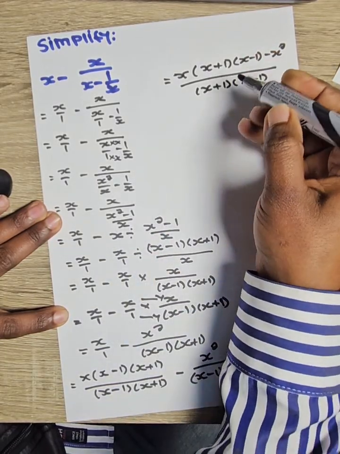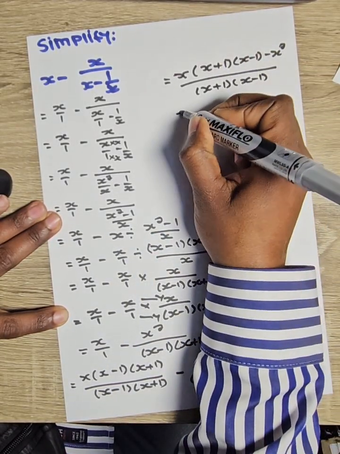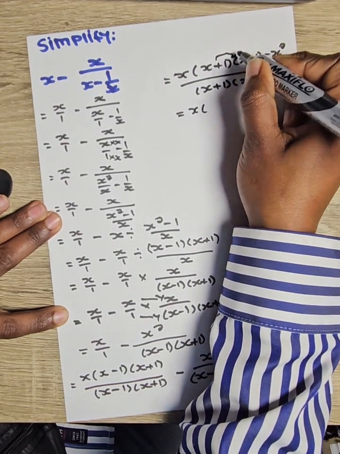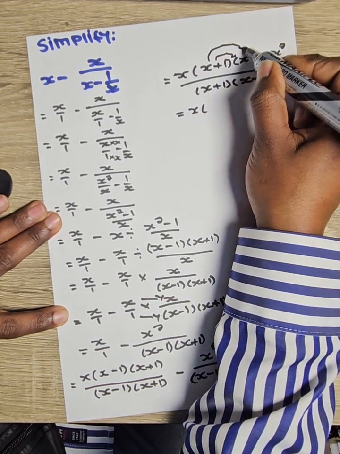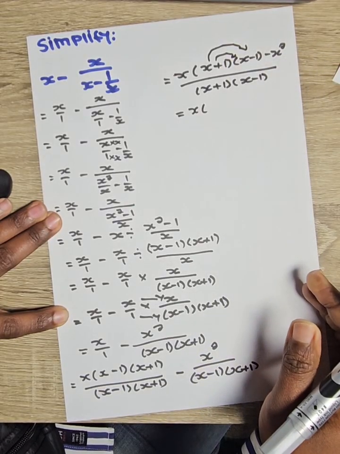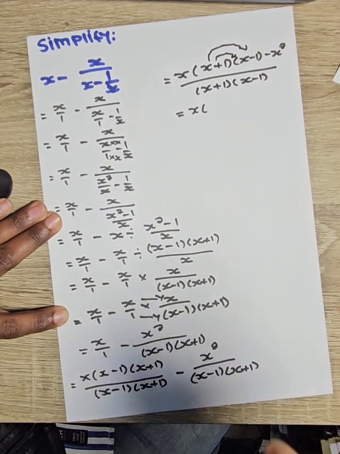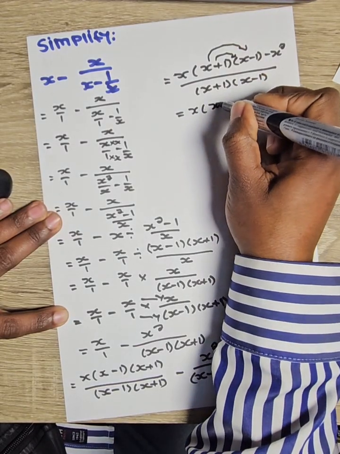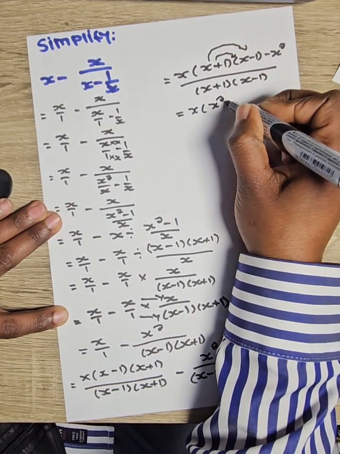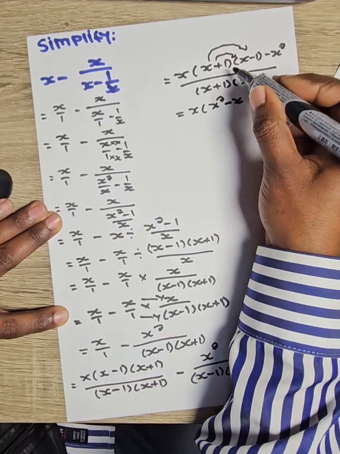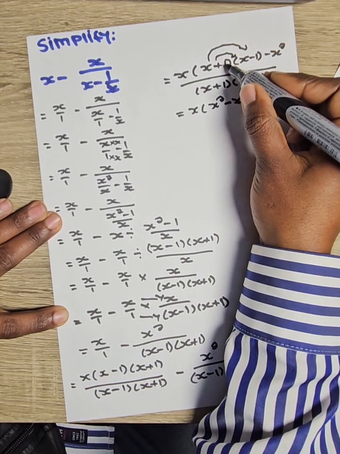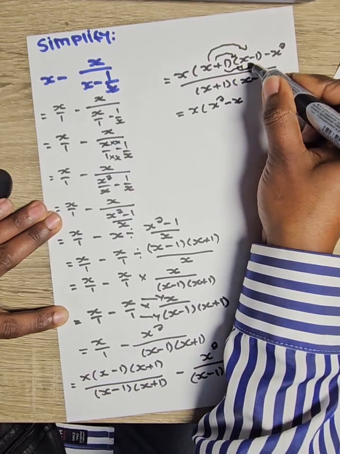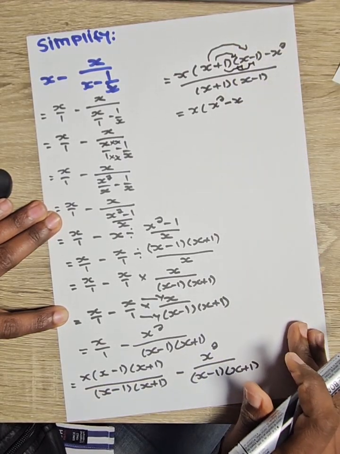Now I need to get rid of the brackets on top, which equals x times. Remember, I'm going to multiply these brackets: the first term in the first bracket by both terms in the second bracket, which is x times x squared, x times minus 1 is minus x, and the second term in the first bracket by both terms in the second bracket.